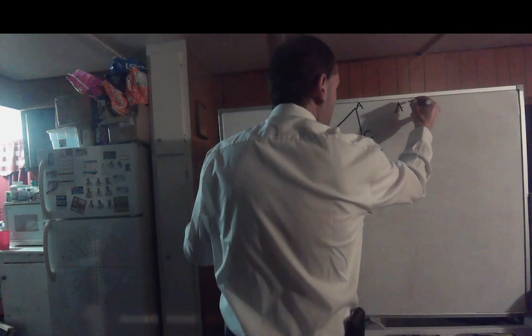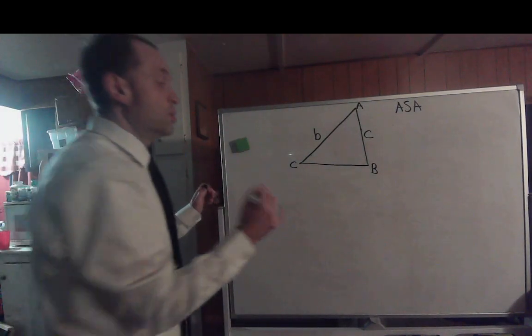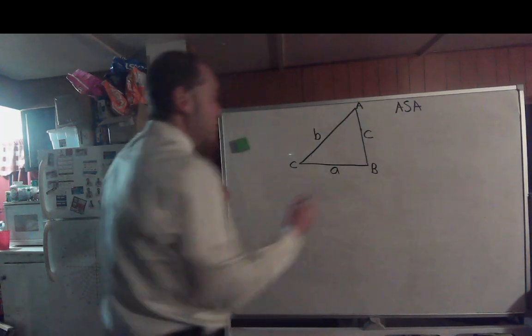Alright, let me just put this up here so I can remind myself what I'm doing. And an angle side angle triangle will also only yield 1 possible triangle. So the first 2 cases are pretty easy.